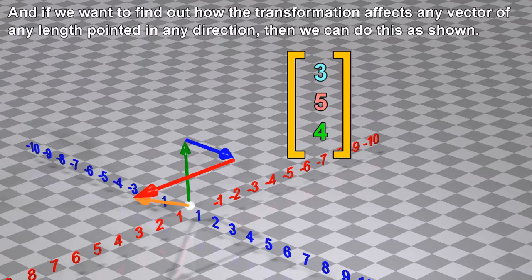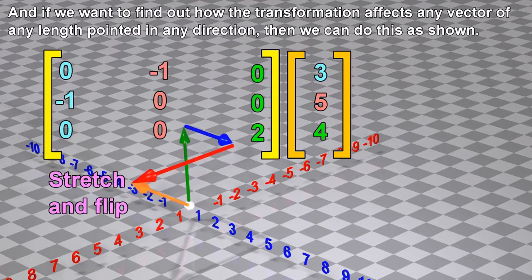And if we want to find out how the transformation affects any vector of any length pointed in any direction, then we can do this as shown.